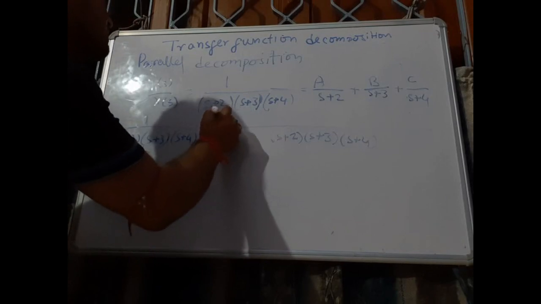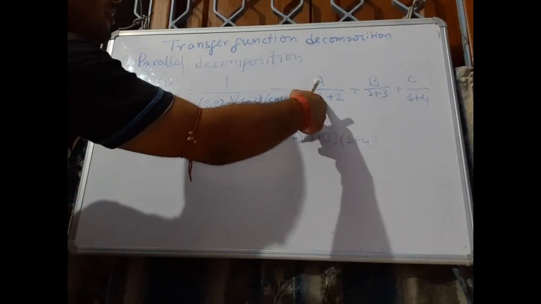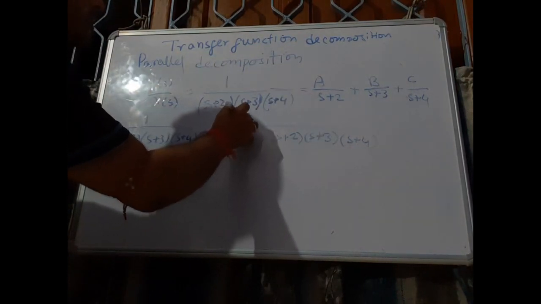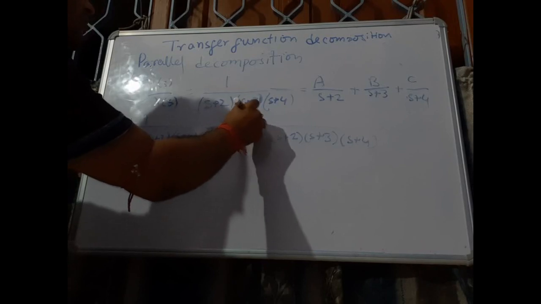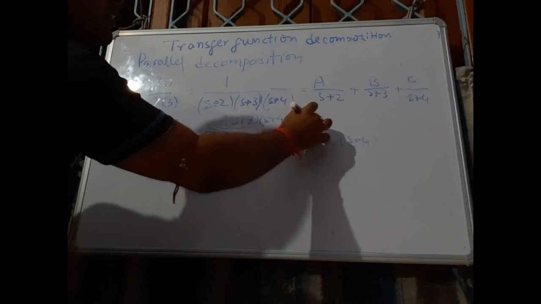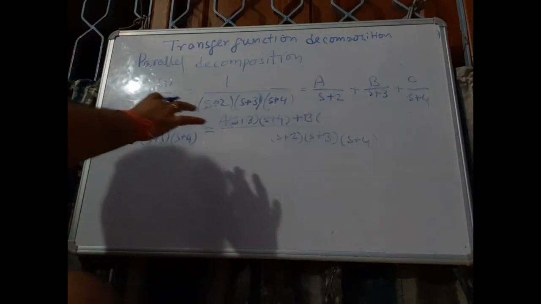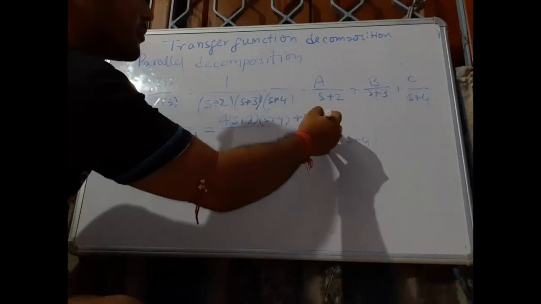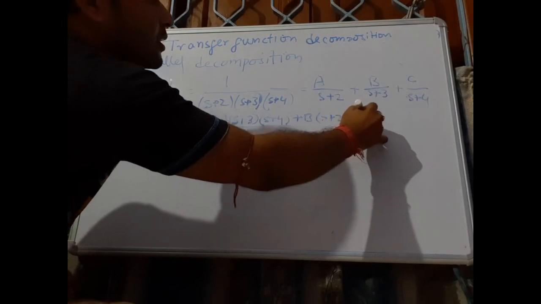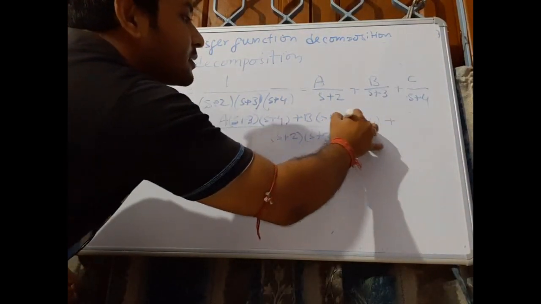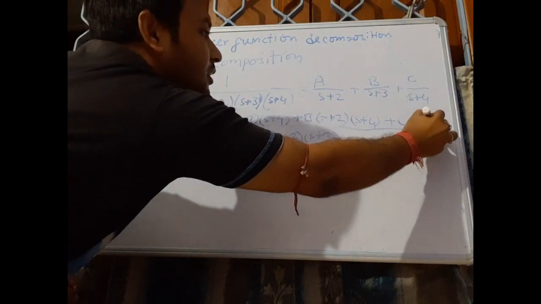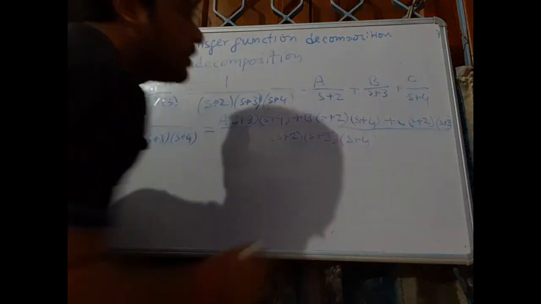And a is multiplied with, we have s plus 2 here, so we have the remaining two parts, (s plus 3)(s plus 4), plus b. You know this is simple mathematics. So (s plus 2)(s plus 4) plus c into (s plus 2)(s plus 3), right?